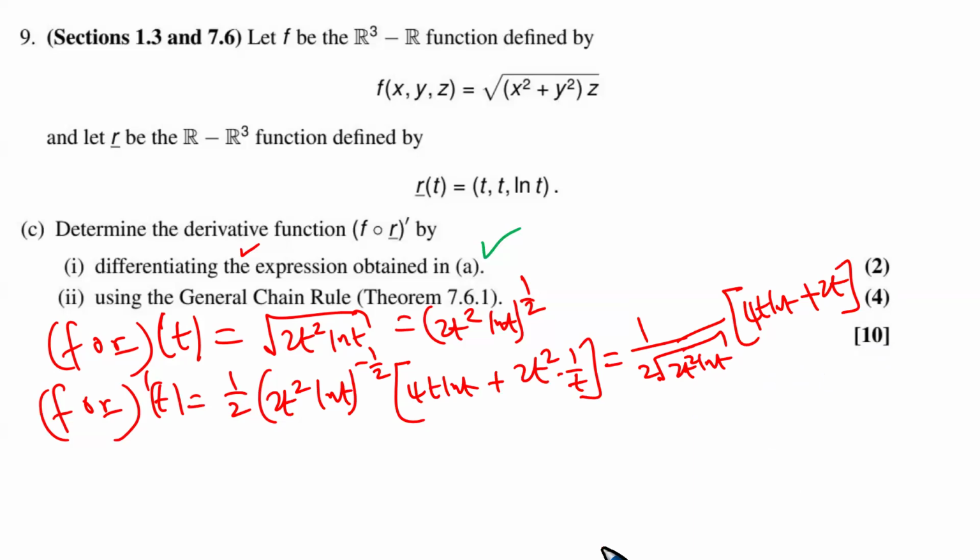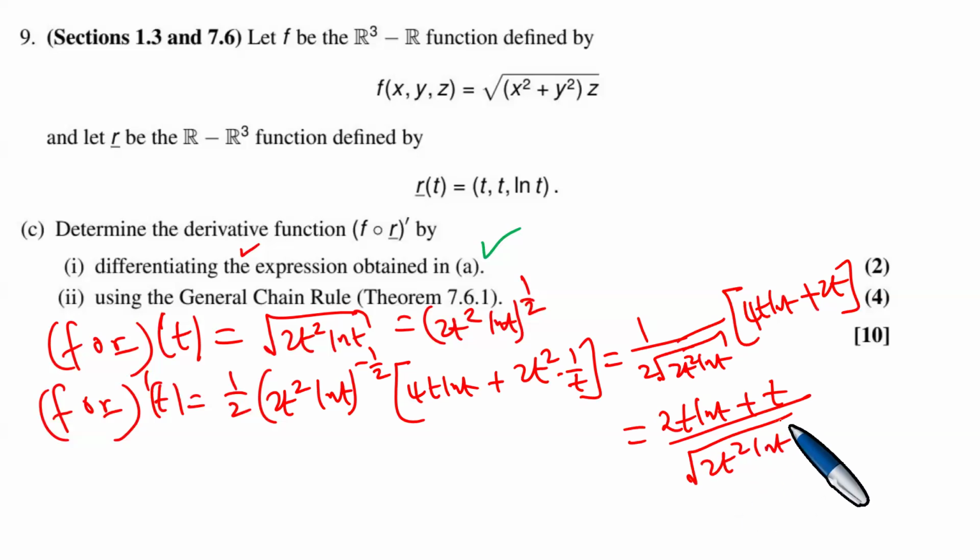Therefore, the answer can also be written as 2 divides 4, giving us 2 ln t plus t. You divide everything by the square root of 2t squared ln t. So this is going to be exactly the answer to that part.